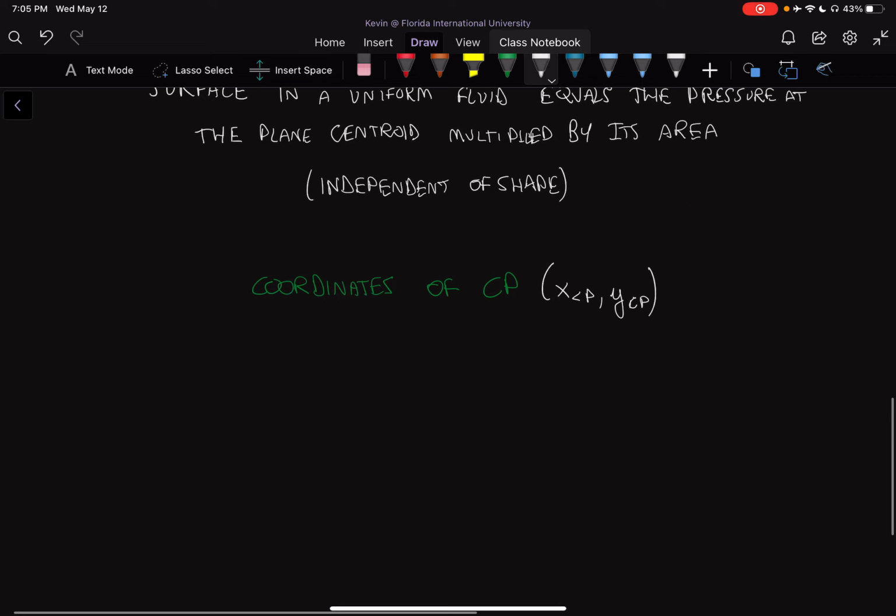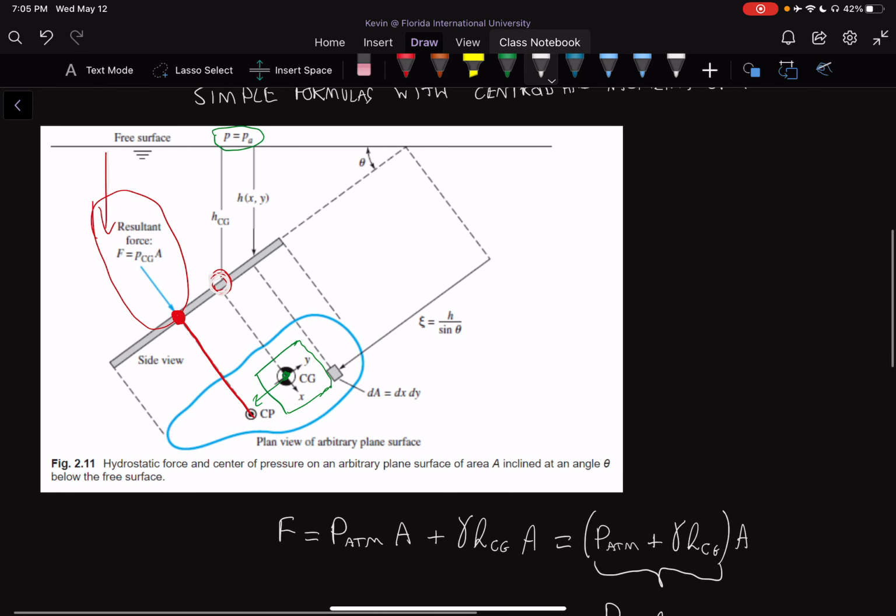Now y CP, and I'm not going to derive it because it is a somewhat complex derivation, is equal to minus gamma times sine of theta. So it depends on the angle. Theta is up here. It's the angle of the plane compared to the actual system.